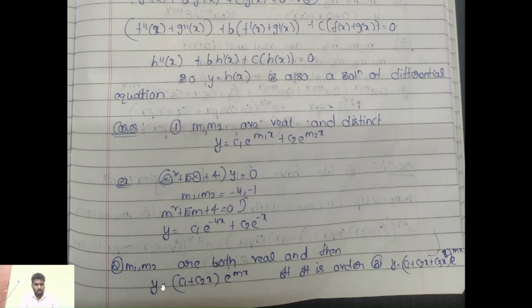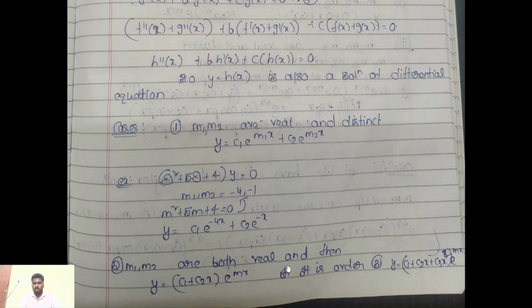Second case, if m1 comma m2 are both real and equal, we write c1 plus c2x into e power mx. So if a second order linear differential equation is given, we write c1 plus c2x.